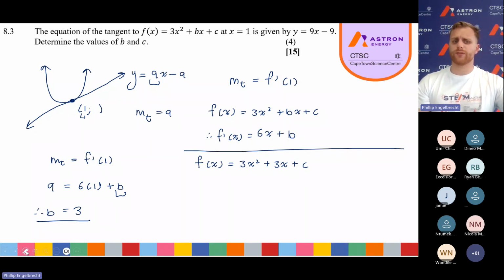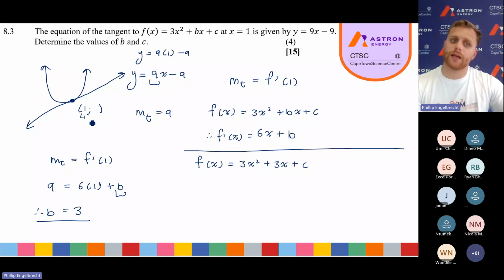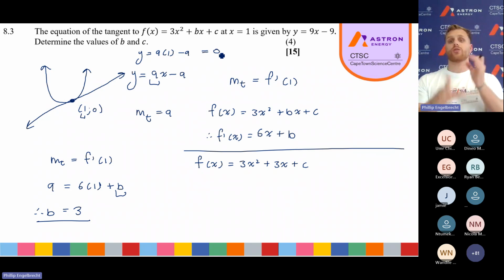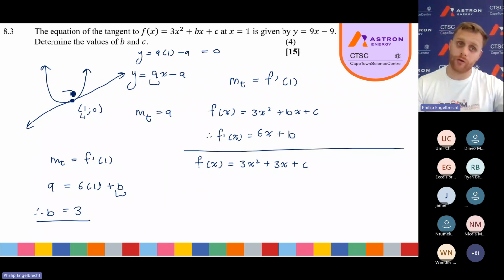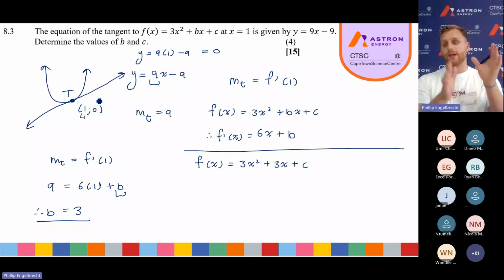So y value is pretty simple. You can plug it into your straight line graph. So y is equal to 9 times 1 minus 9, and you get that y is equal to 0. So when your x value is 1, your y value is 0. Okay, so this is the point over here where our tangent touches our graph. It's at the point (1, 0).